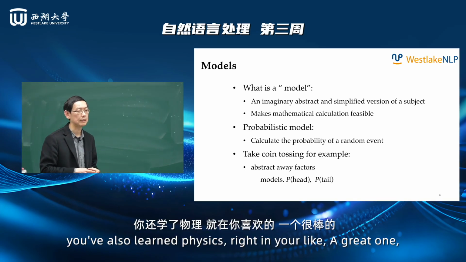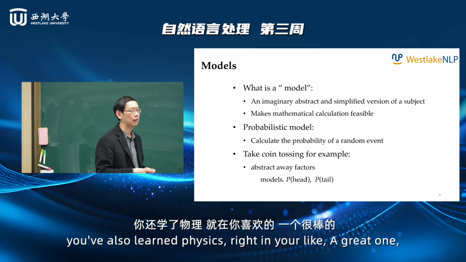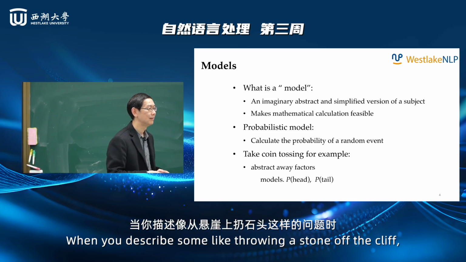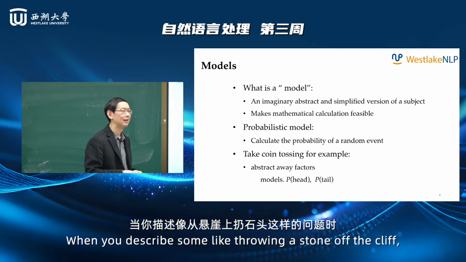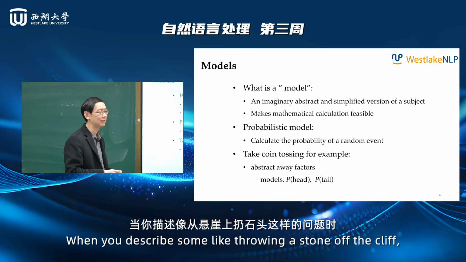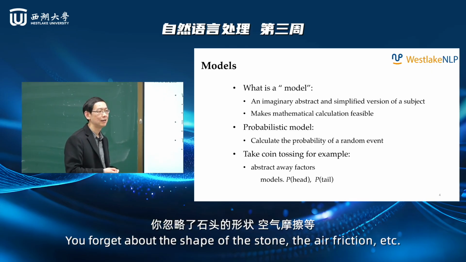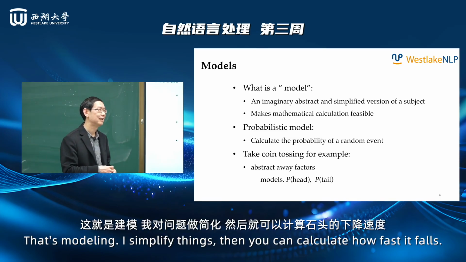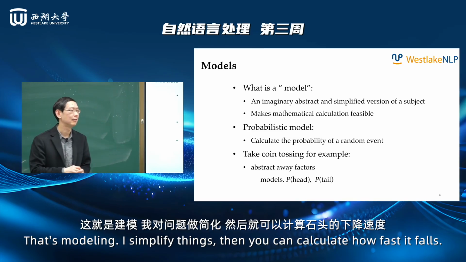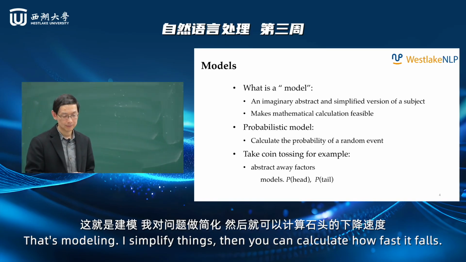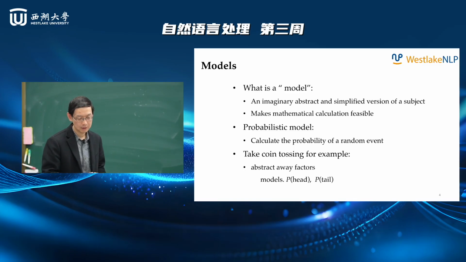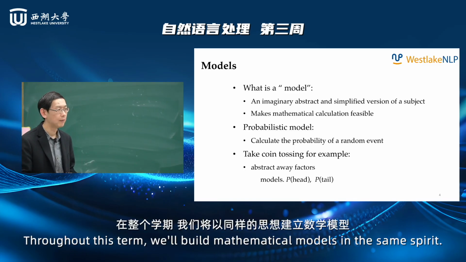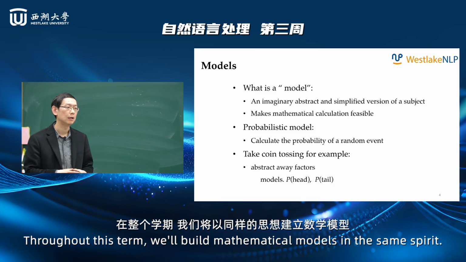You've also learned physics, right, in your grade 1, right? So when you describe something like throwing a stone off the cliff, right? You make simplifications. You forget about the shape of the stone, right? The air friction, etc. You only treat the stone as a mass point. Okay, that's modeling. Simplify things. Then you can calculate how fast it falls. All right. So throughout this term, we'll build mathematical models in the same spirit.